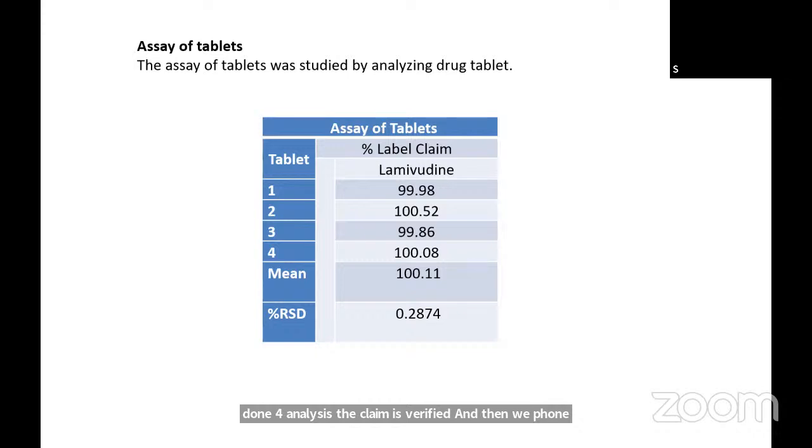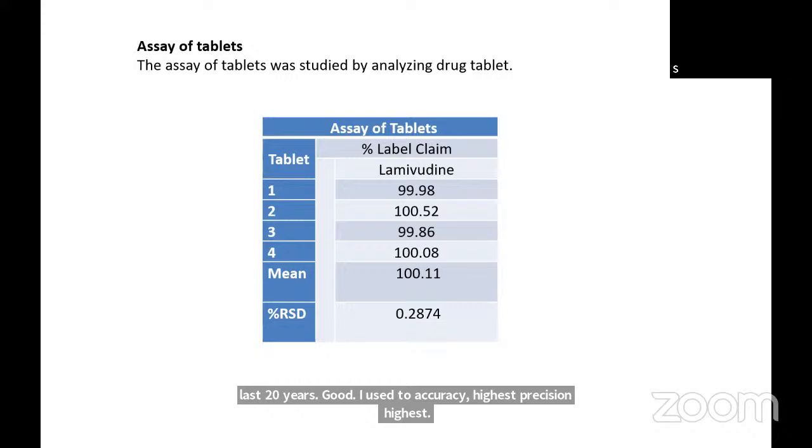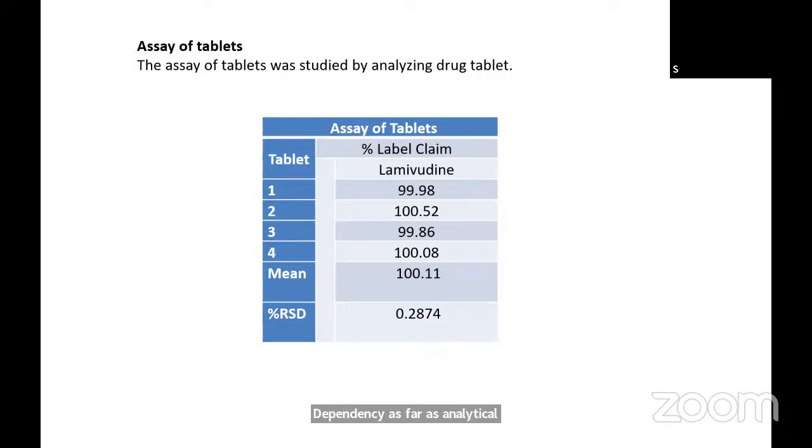Usually in the literature generated in the last 20 years, the qNMR method is found to have the highest accuracy, highest precision, highest dependability as far as analytical methods are concerned. The only issue with qNMR is its sensitivity. Let us say you are supposed to verify a serum sample of a drug. If the serum sample is at nanogram or nanomole level, then the only method we can apply is LCMS.